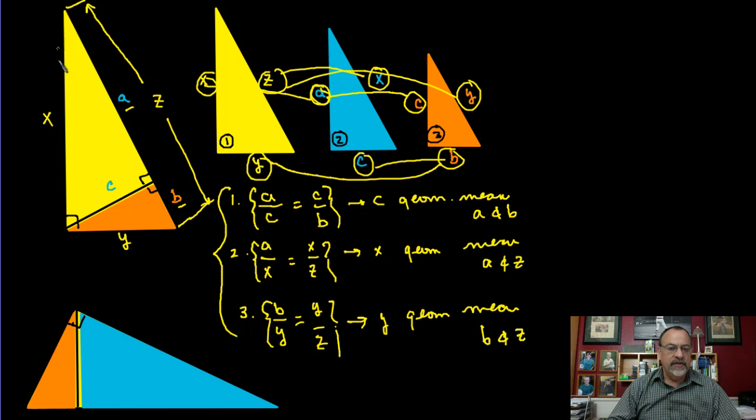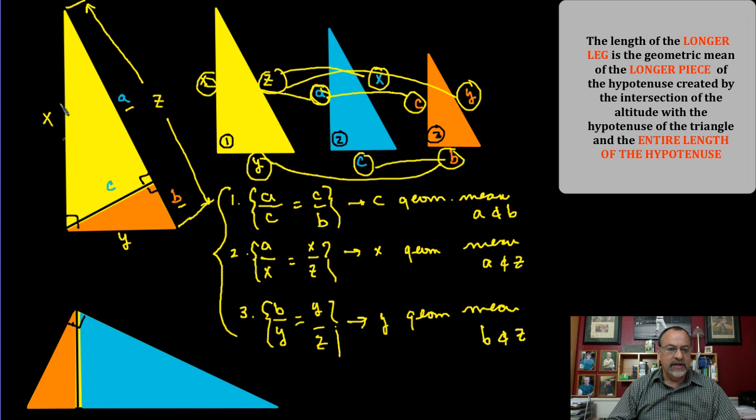The leg of this original triangle, x, is the geometric mean, so it would go in this mean position, of this A piece of the hypotenuse that's connected to the x piece, and then the entire length of the original hypotenuse. So the leg of the triangle is related to the hypotenuse of the triangle and then the portion that's been cut by this altitude.